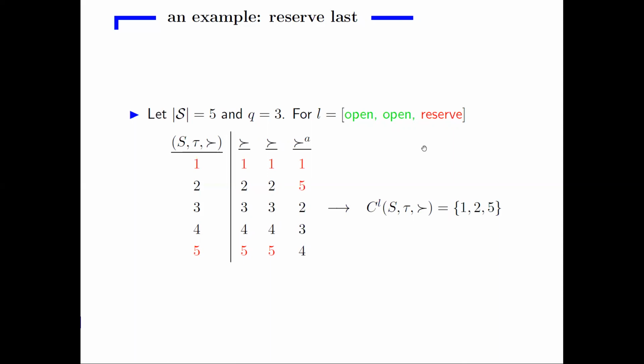Okay, so I can think of another lexicographic rule in which this time the reserved seat comes at the end. So first I choose 1, then I choose 2, and then for the third seat I choose 5. This time I accomplished choosing an additional minority. As the simple example demonstrates, a reserved seat coming at a later stage provides some additional advantage for minorities.